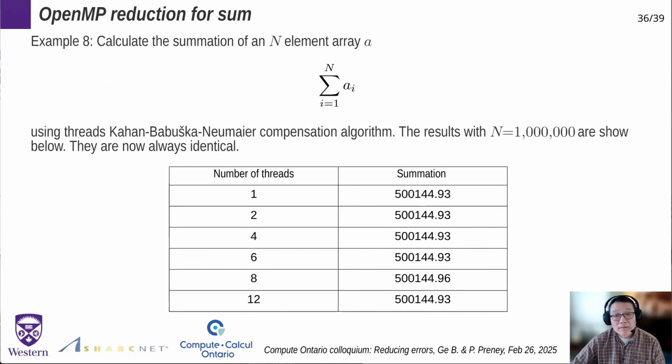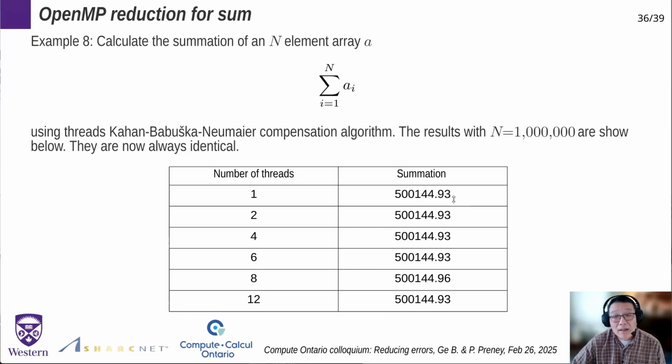Okay, and then let's take a look at the result. We're using a different number of threads, 1 to 12. Why 12? Because I did this experiment on my laptop, which has 12 cores, and I just ran as many as 12 cores.